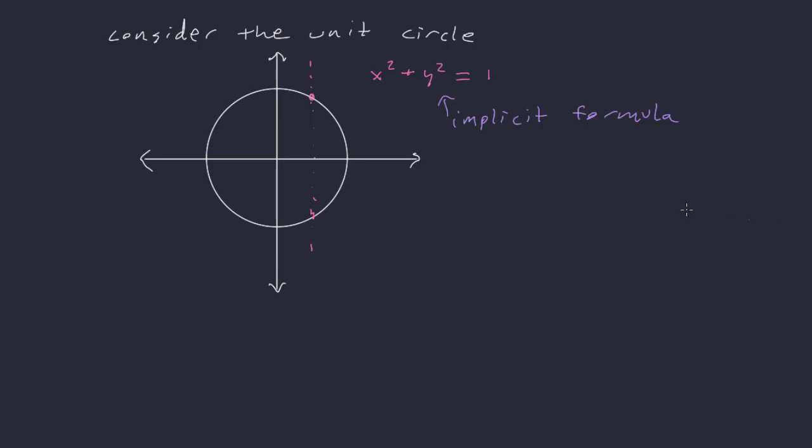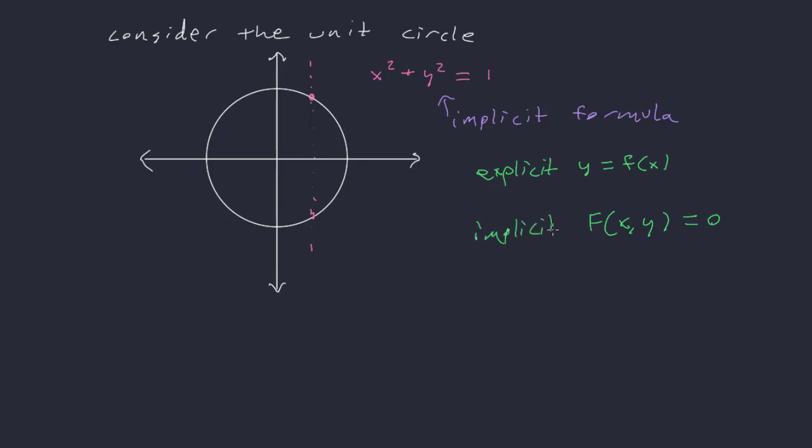So in math speak, explicit is this, y equals f of x. Implicit is more like this, capital F of x, y equals 0.